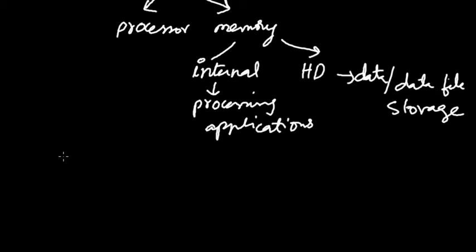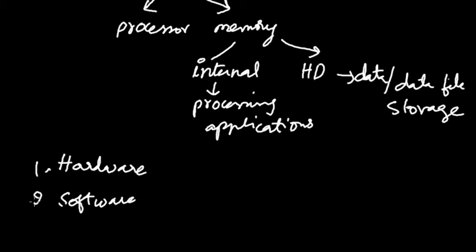Any computer contains some components which are visible, which is called hardware, and another component which is not visible but which the user interacts with the hardware, which is called software. Again, the software is of two types.